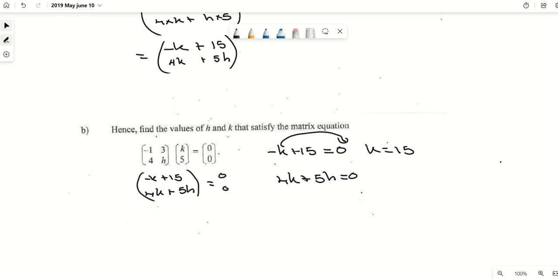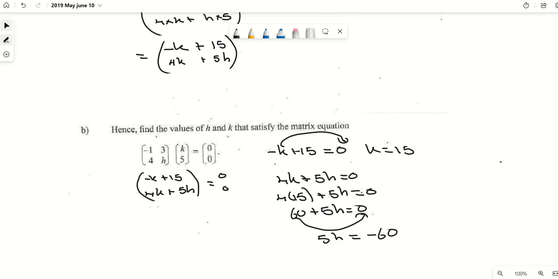And if we know K is equal to 15, we can put it in this equation. So that's 4 by K, which is 15, plus 5H is equal to 0. 4 by 15 is 60 plus 5H is equal to 0. We carry across 60 over the equal sign, so 5H is equal to negative 60.